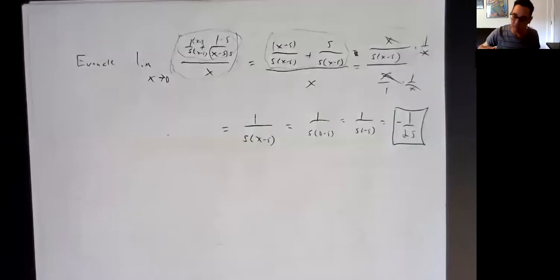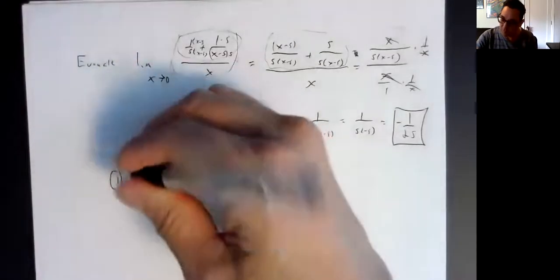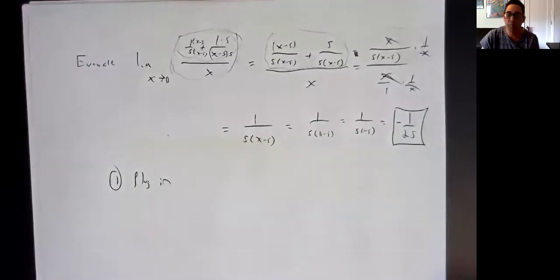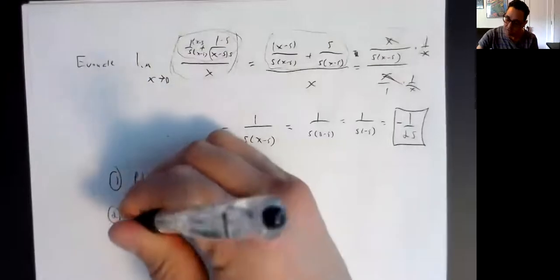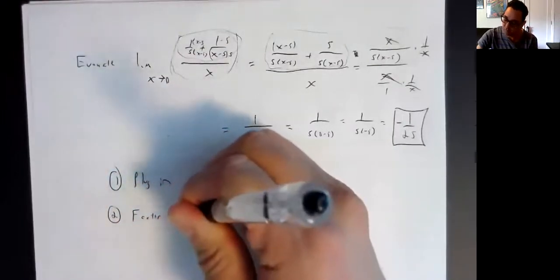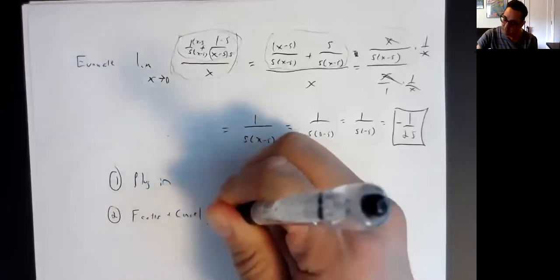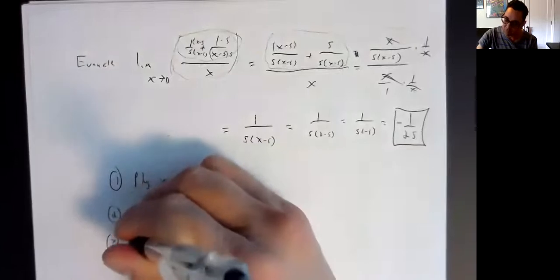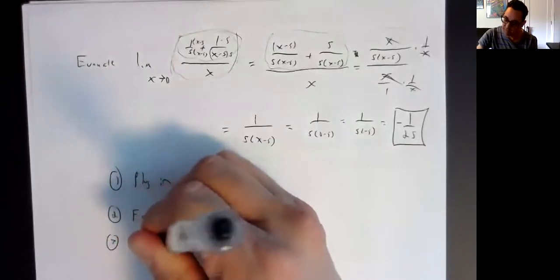So your strategies first are, first just try to plug in. And as long as you don't get a 0 on the bottom, then that's it. Plug in, simplify, you're done. If plug in doesn't work, try to factor and cancel, and then plug in. And if you can't factor and cancel, then try to simplify.